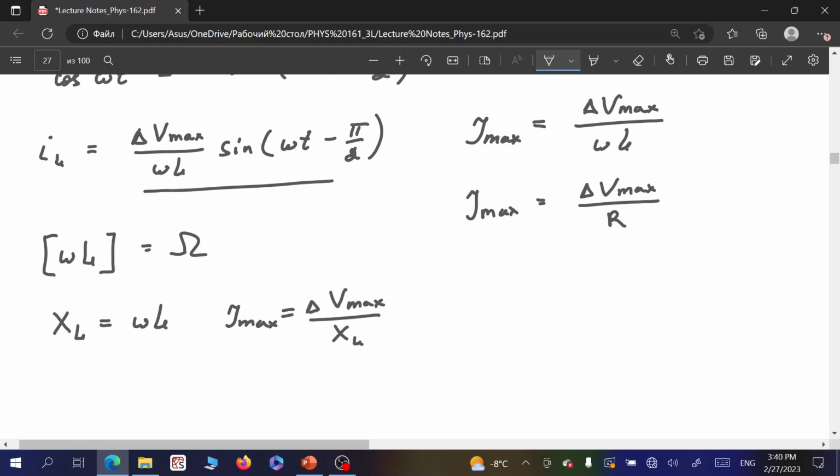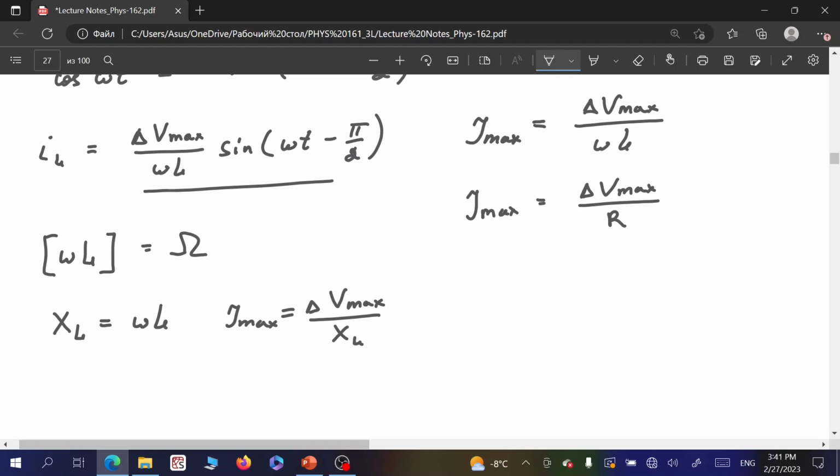So let us summarize our discussion for today. We started the new topic, which is alternating current circuits. First of all, we introduced a circuit with AC power supply connected to active resistor.